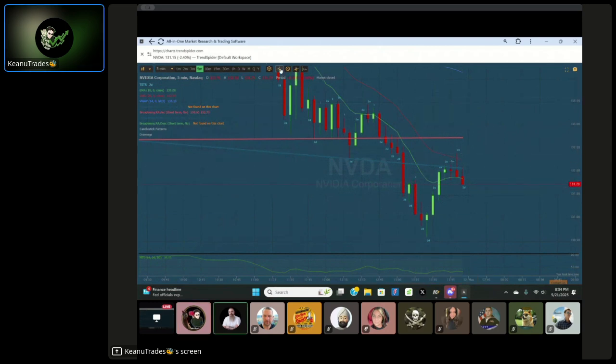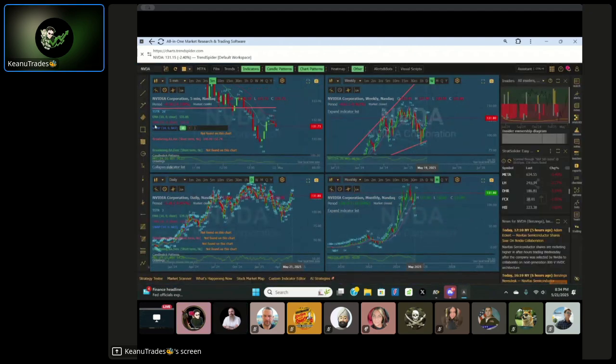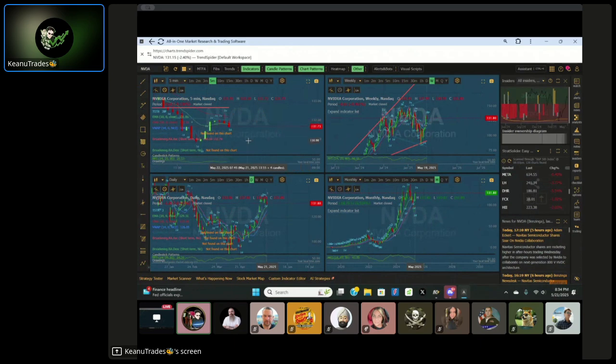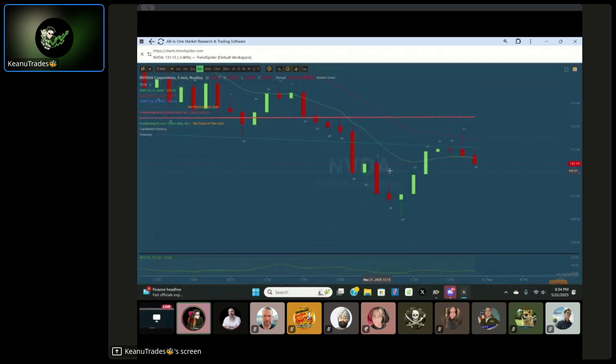I love bear flags because you play the bear flag down, you take profits, and I love how if you get a long base on a bear flag, and then the next bear flag has a shorter base, that means it's setting up for reversal, because bears are not letting it sit at a spot that long anymore.